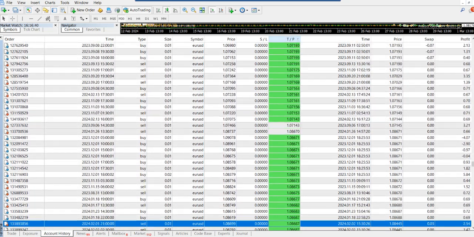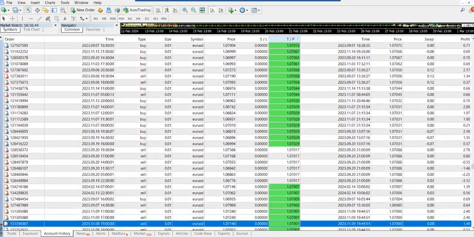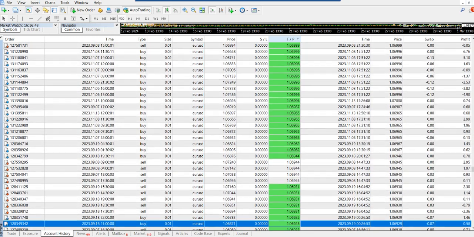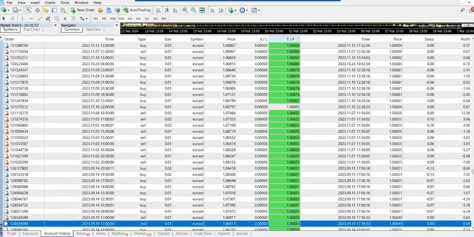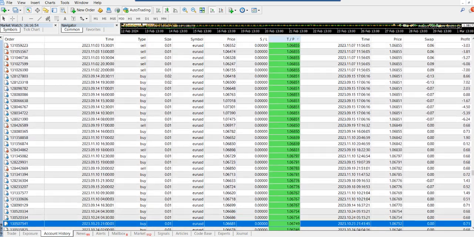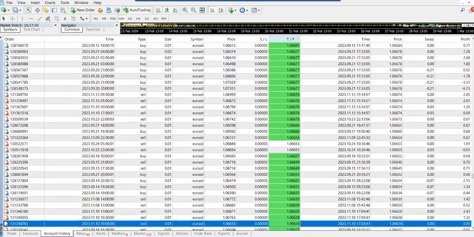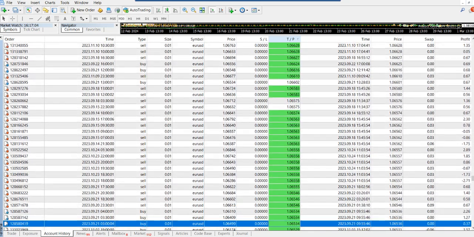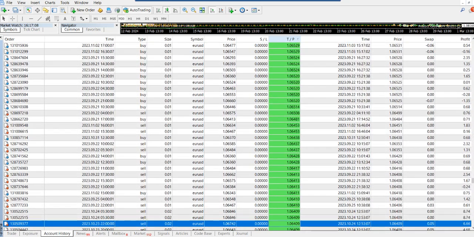So if you see, we have not exceeded the volume by more than 0.04 with this setting. Sometimes this is useful if you are using a smaller lot size, but sometimes it might bring some negative floating as well, because if you're using a higher lot size, then you can close your trades more easily and sometimes faster.